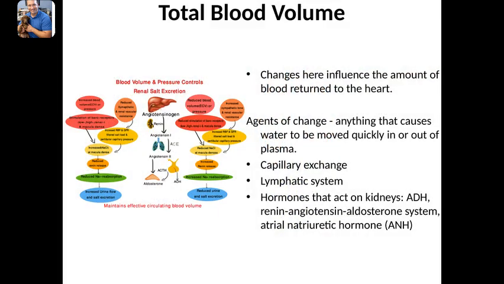Different things can influence our total blood volume. First of all, you've got to keep the blood in the body. Any sort of injury, gunshot wound, internal bleeding, aneurysm, anything like that can obviously affect the total blood volume, in which case the heart can't pump blood that it doesn't have. Hydration plays a very important role.